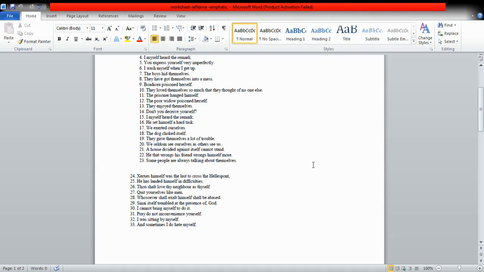Himself is acting as reflexive. Thou shalt love thy neighbor as thyself. So as whom, thyself will be reflexive. Quit yourself like men, quit whom, this is reflexive. Whosoever shall exalt whom, himself, this is reflexive. Sinai itself trembled at the presence of God. This is emphatic.